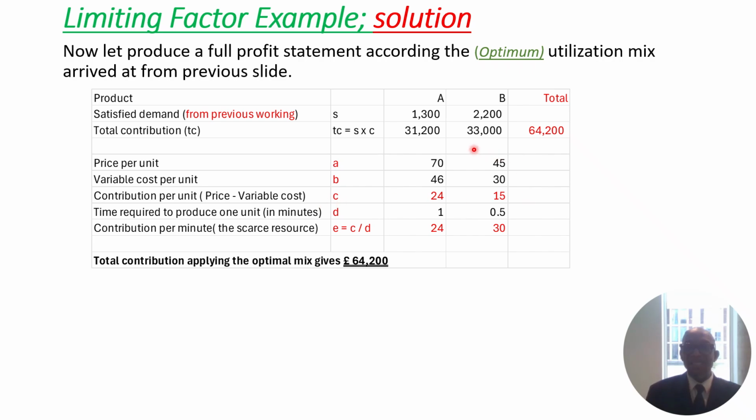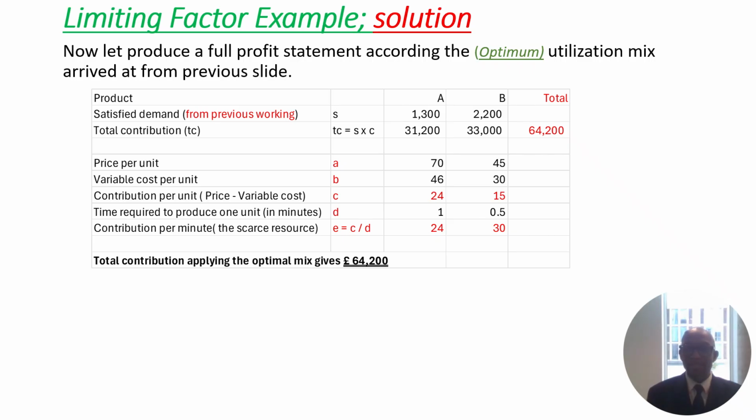That's how we got 33,000 total contribution for satisfying all of B. So the two together give us 64,200 in total contribution. We can now test ourselves to see if we are right.